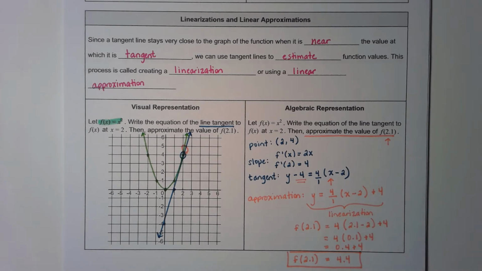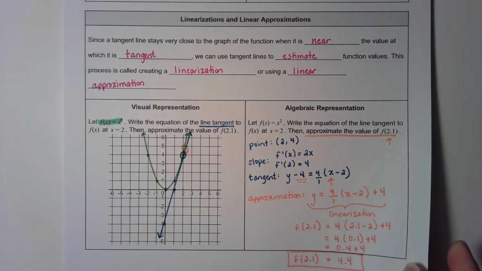They're within 1/100th of a value of each other. So this is the estimate for the value that we calculated out the long way. And the reason that this works is because the original graph and the tangent line are very, very close together. So we can use the tangent line to estimate the original function value.